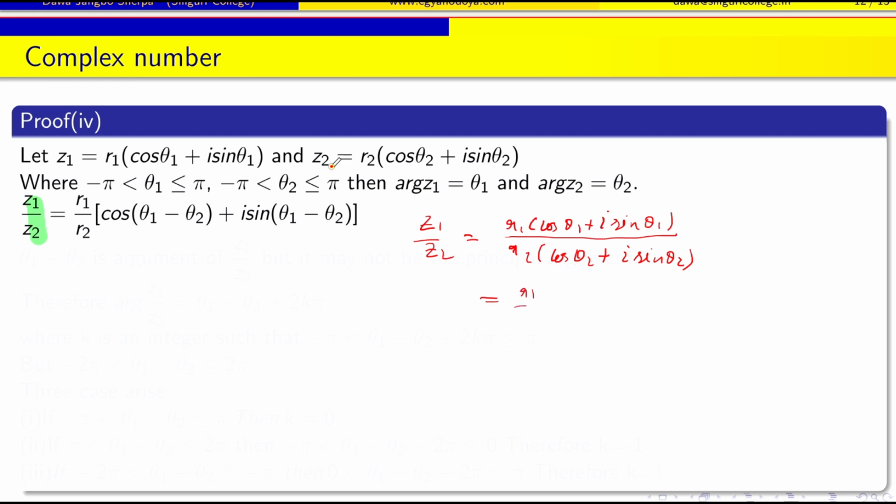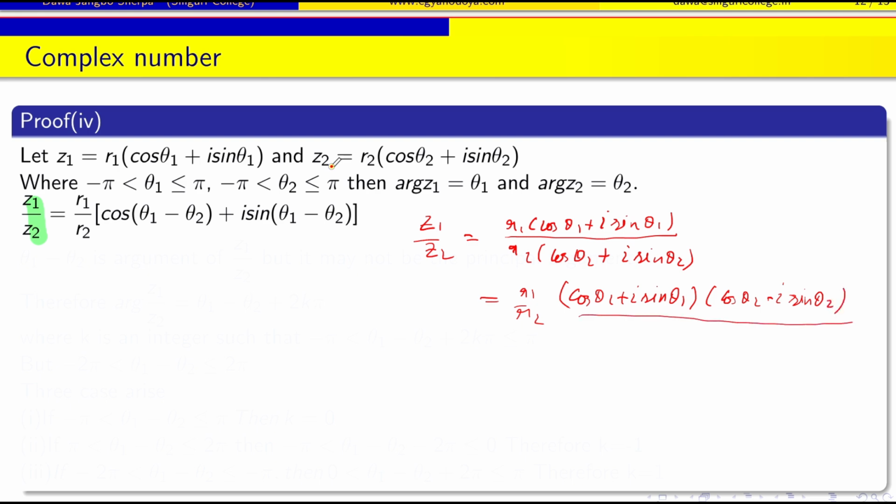So it will be r1 by r2 (cos theta 1 plus i sin theta 1) into (cos theta 2 minus i sin theta 2).